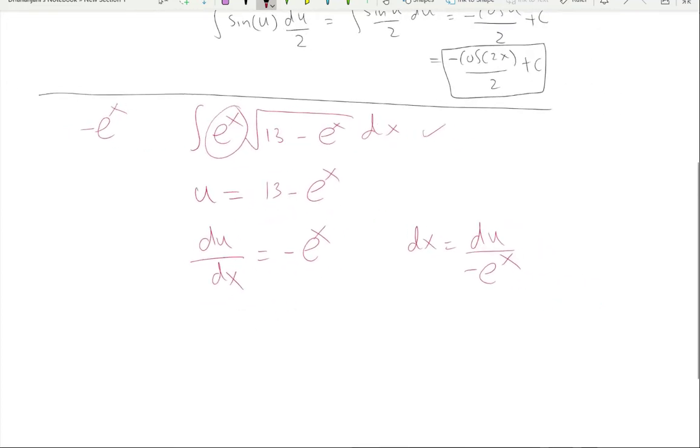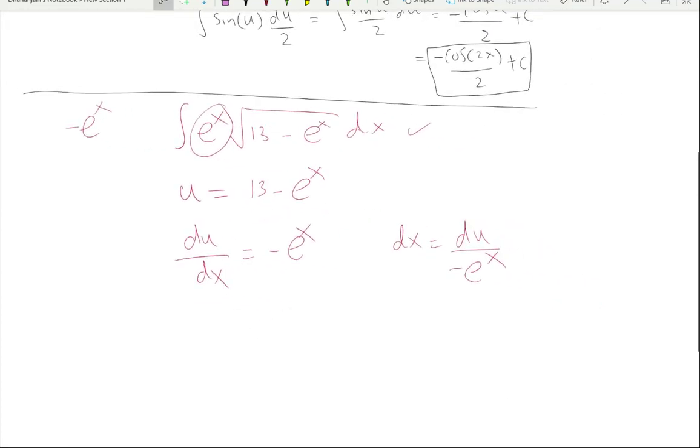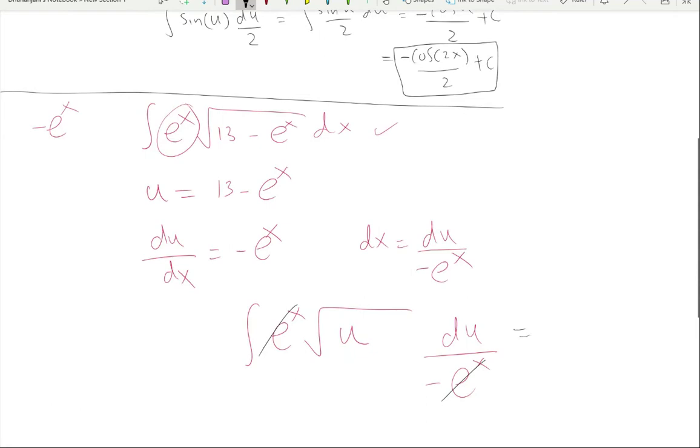If you replace, here e to the x, square root of u, because 13 minus e to the x is u, and dx is du over negative e to the x. The e to the x cancel out, so what we have is really negative square root of u.